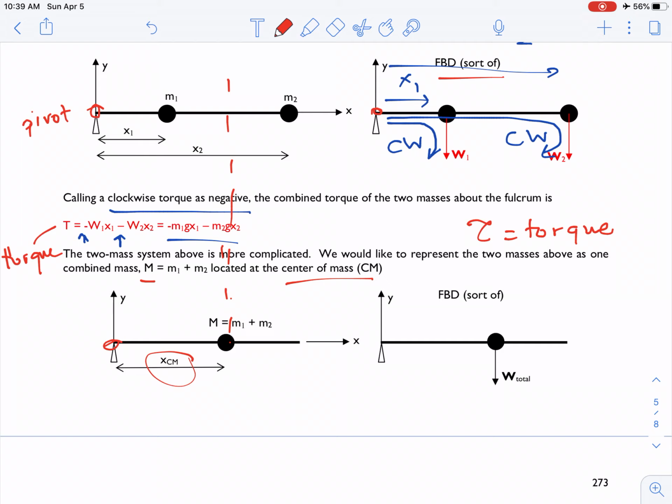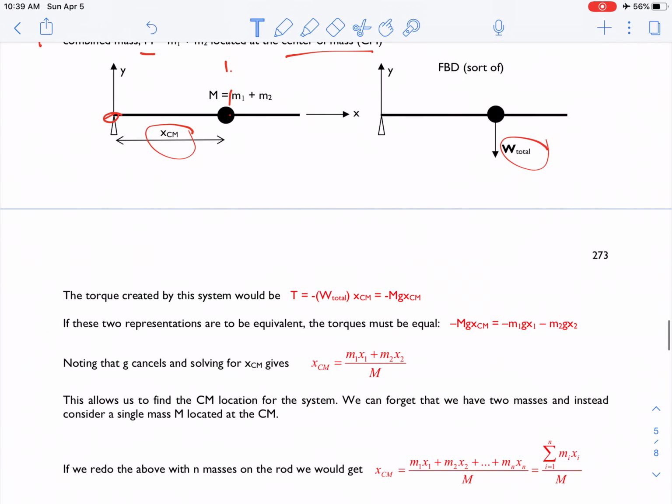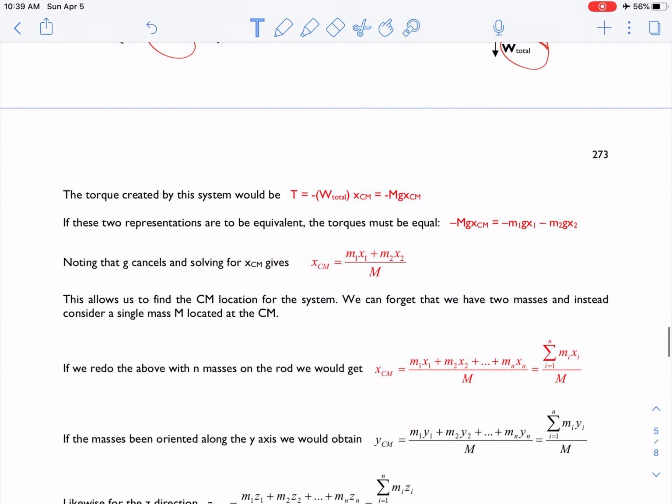So if we have the total mass M, what is the weight force of this combined mass? It's going to be the total weight force, right? And again, we're just focusing on the weight force. And now we are going to see how we're going to change this equation for torque. Again, this T is the torque.